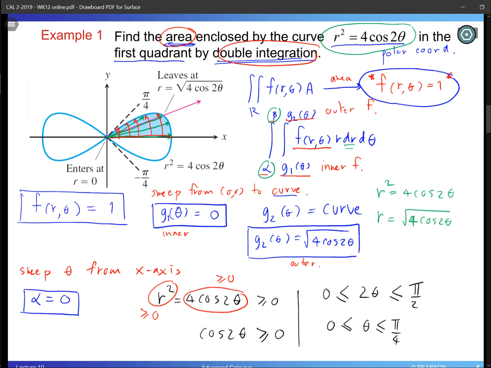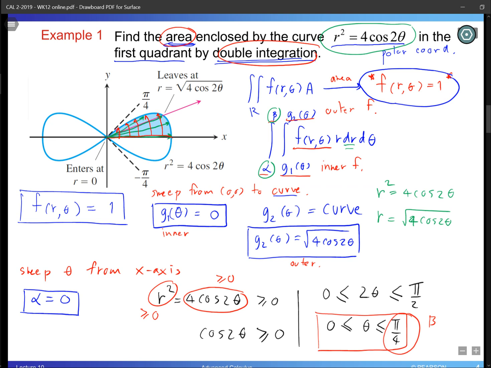Notice here, if your 2 theta is greater than pi over 2, cosine of that angle is going to be negative. You can check these values by yourself, but I give this value to you right now. So the range of theta starts from 0 to pi over 4, which means the maximum that we can go is this. So this is beta.